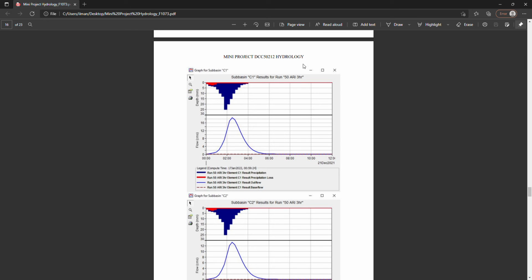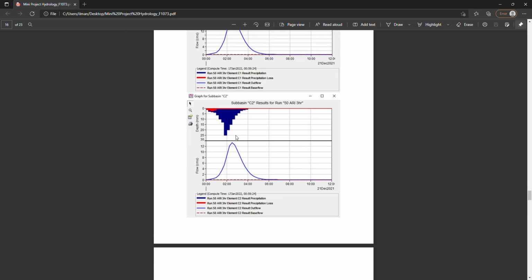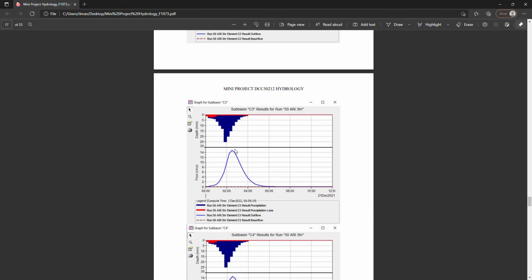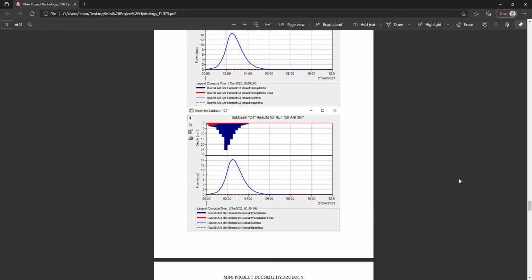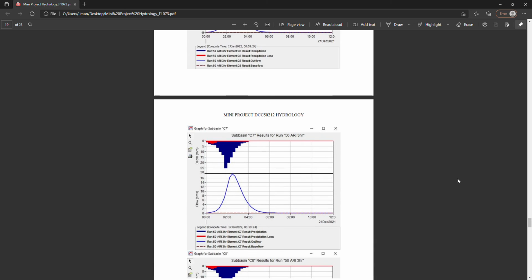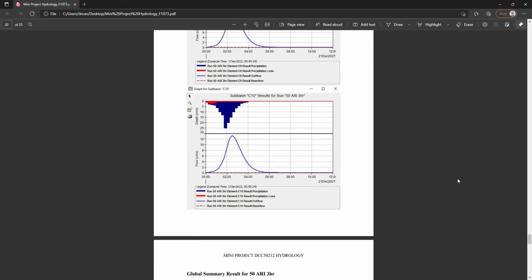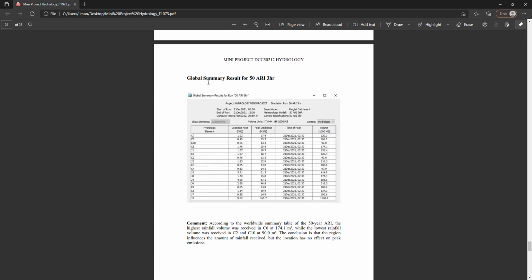Next, moving on to 50 years. This is the graph from C1, C2, C3 until C10. Global summary result for 50 years.